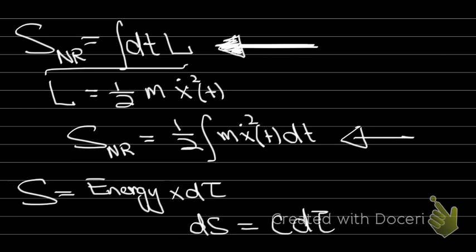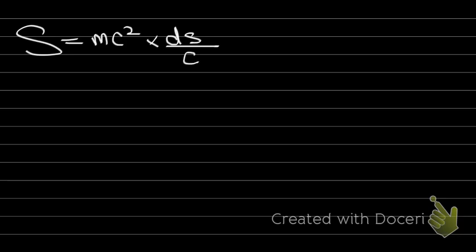Okay, so I should also mention here not to confuse this with the action S, right? Now, using this expression and this expression for action, I can write down my action S as mc squared times the integral of ds, where this ds is the space-time separation, over c.